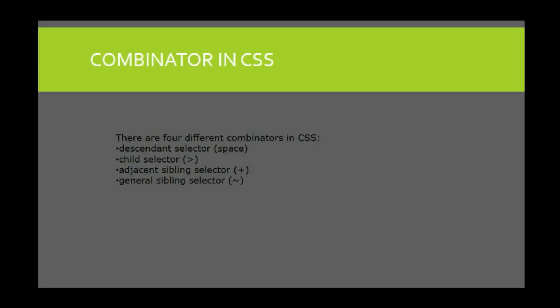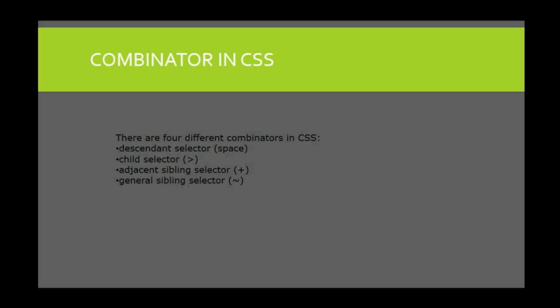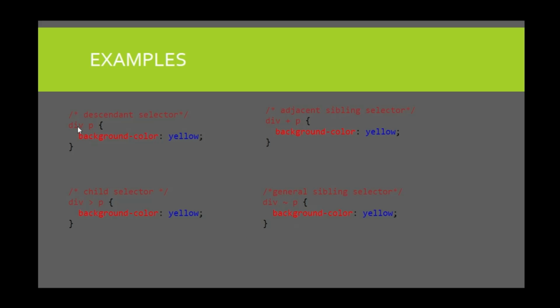So for combinators in CSS, there are 4 different combinators: the space or descendant selector, the greater than child selector, the adjacent sibling selector or plus, and the general sibling selector. Here are the descriptions of the combinators in CSS. For example, we can have div p, and then div plus p for the adjacent sibling selector.